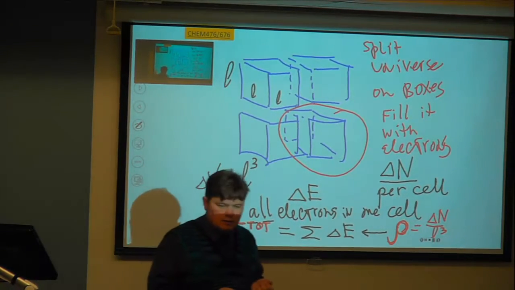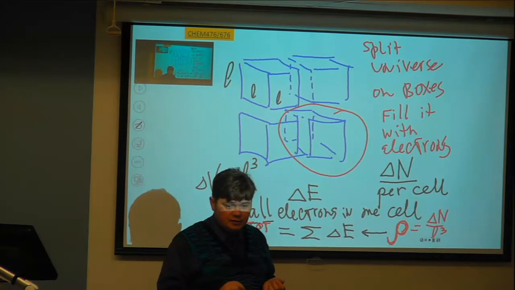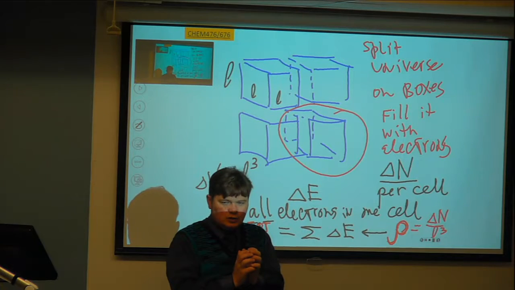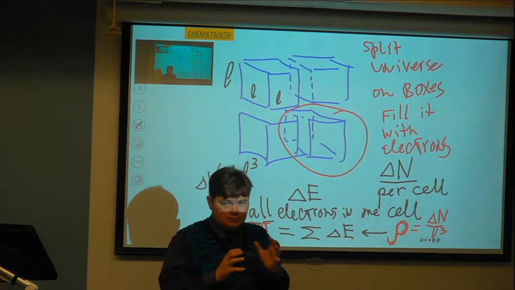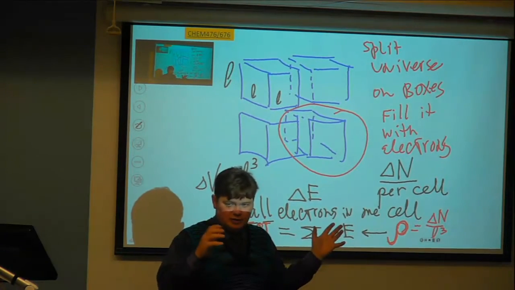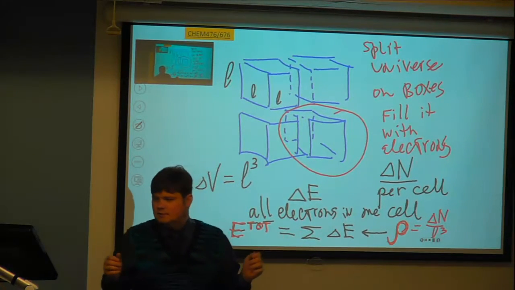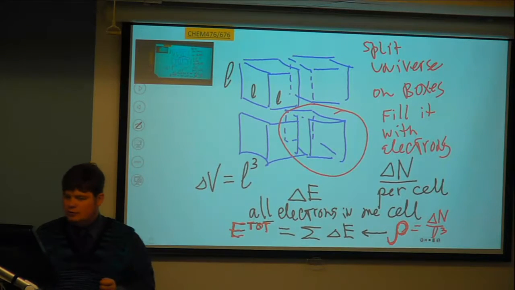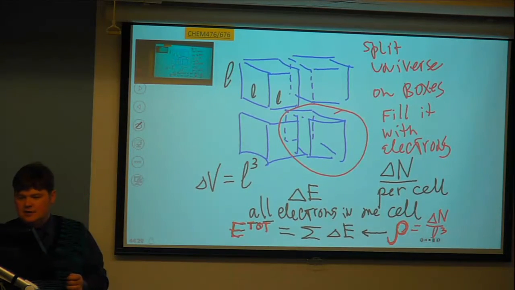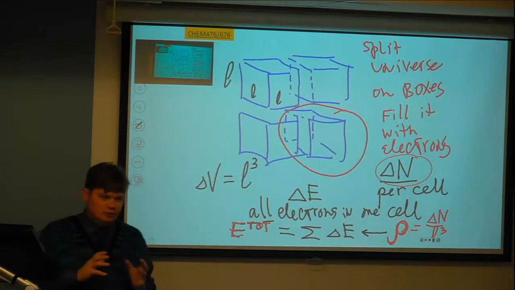Well, we can find energy of all electrons that sit inside one cube and then integrate over all cubes, add together, right? Energy is additive. So now we do have number of electrons, this big N, inside one cube.